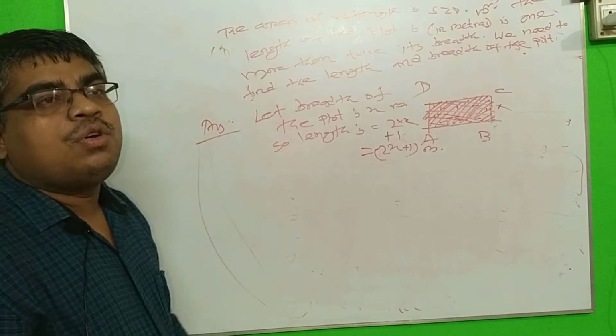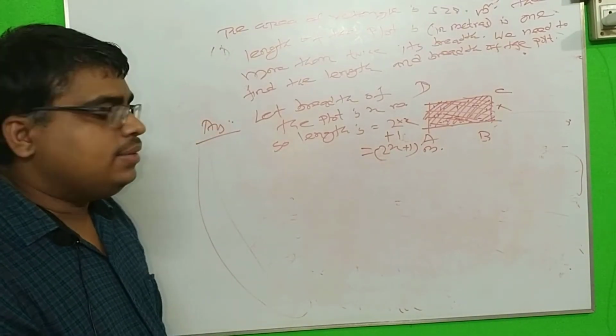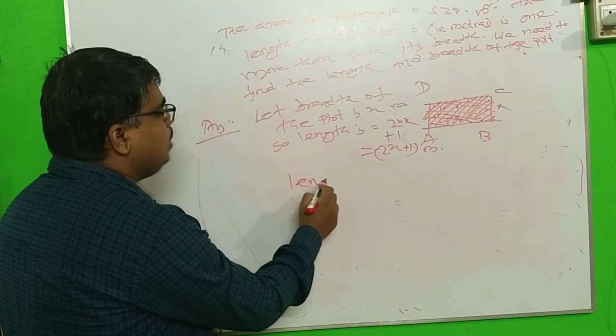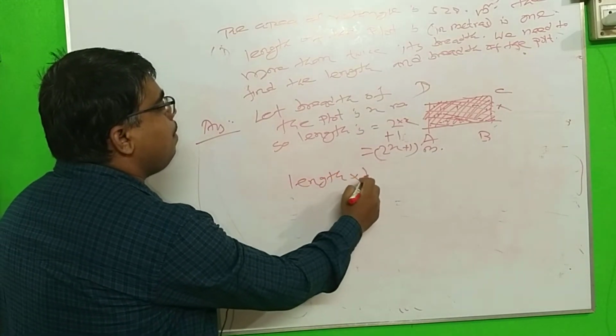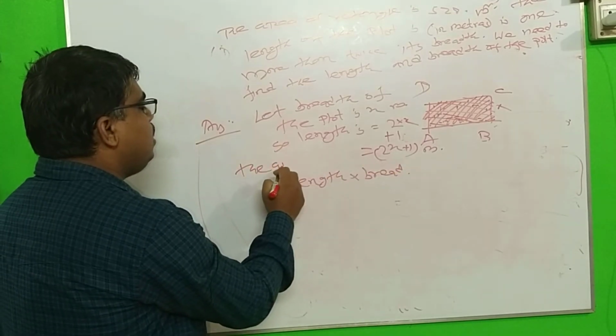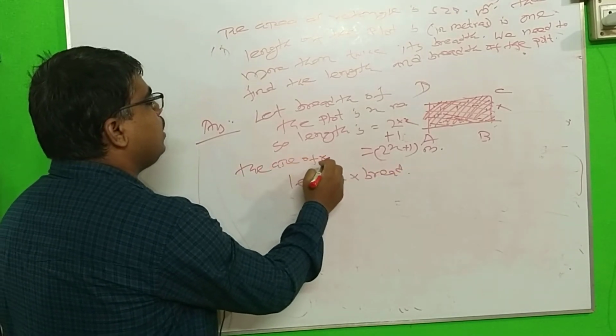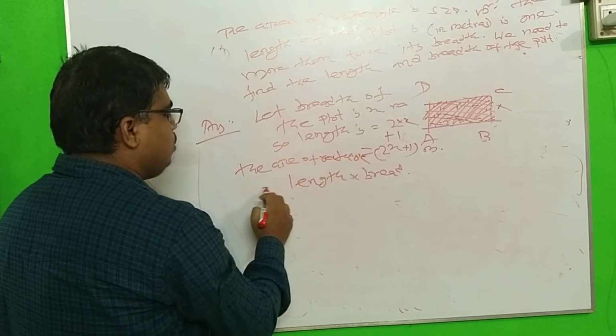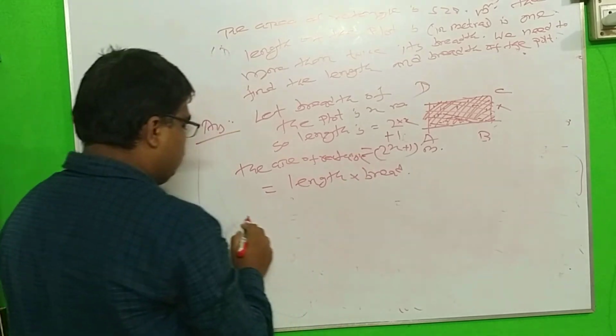We know the formula for a rectangular area: area of a rectangle is length into breadth.